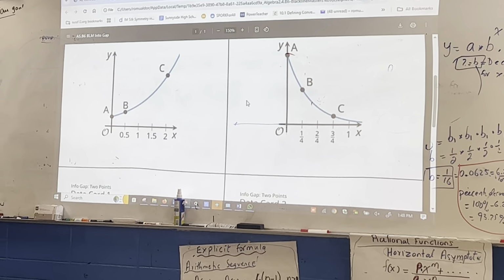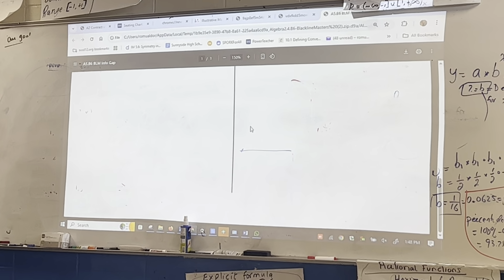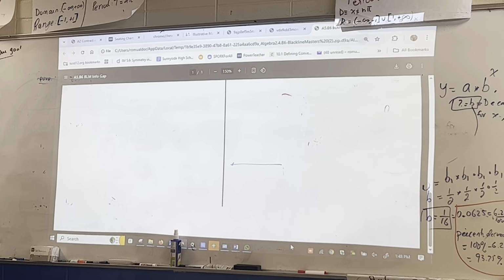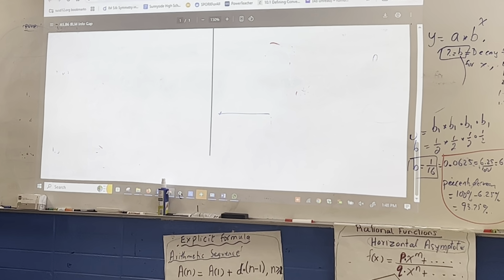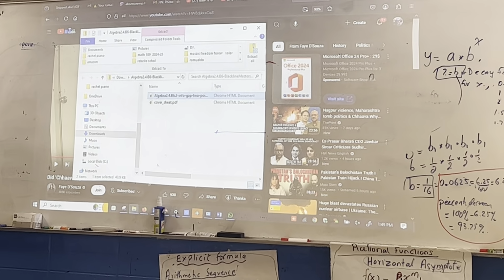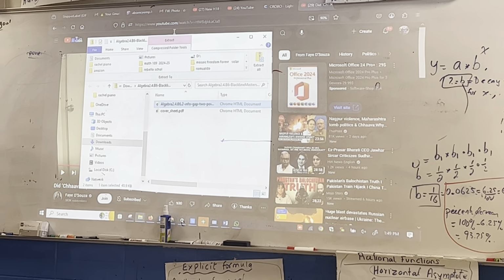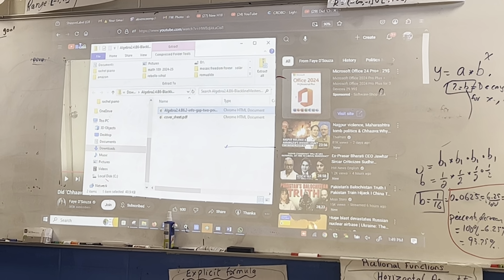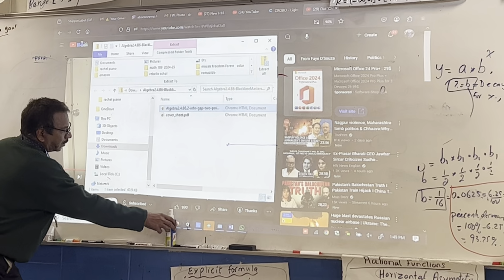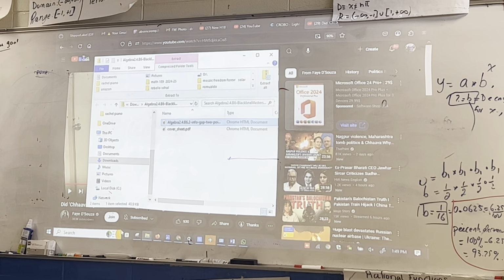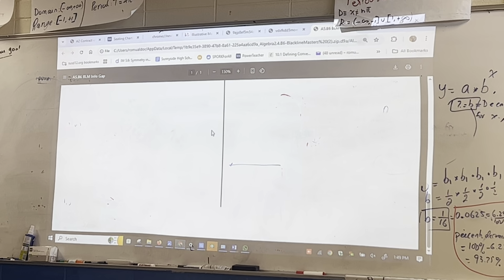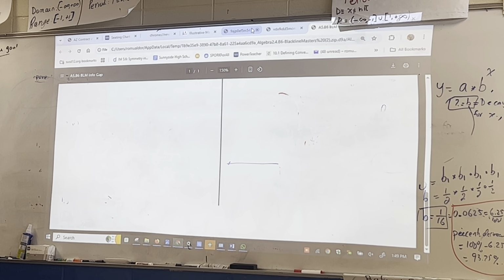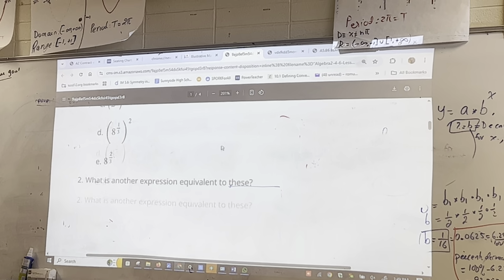Okay, so if you see, go to the... where is it? So the first question is asking why those two equations are same. This one?